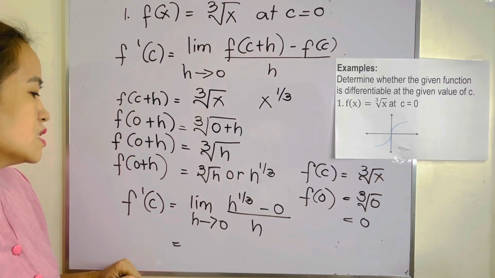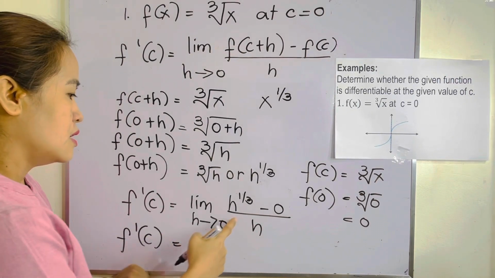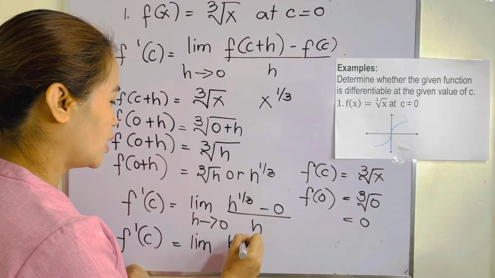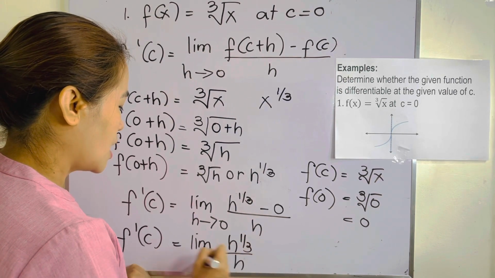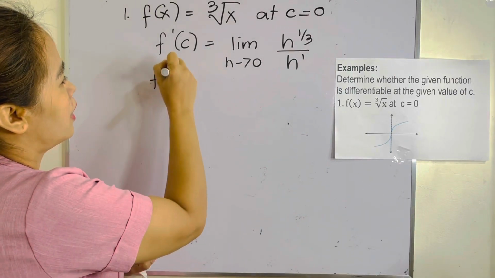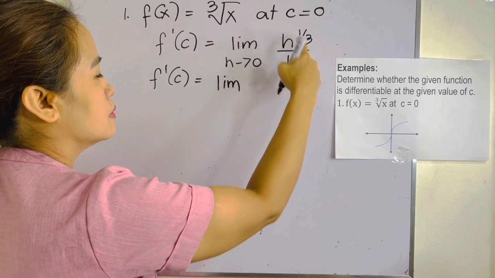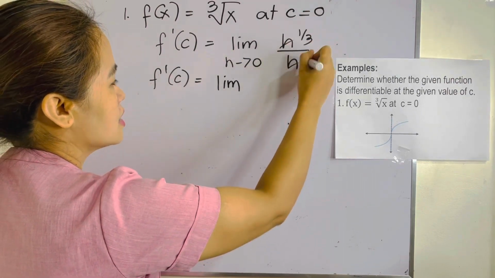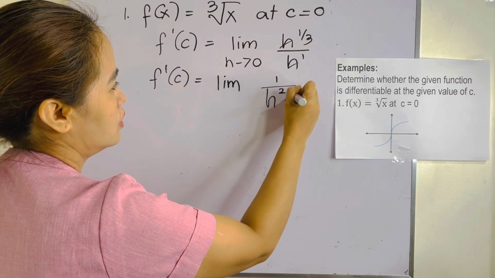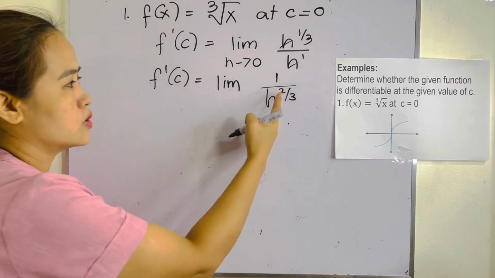So this is equivalent to f prime of c is equal to the limit of h raised to 1/3 over h as h approaches 0. Simplifying this, f prime of c is equal to the limit of, we can cancel it, and this becomes 1 over h raised to 2/3. Why? Because 1/3 minus 1 is 2/3.